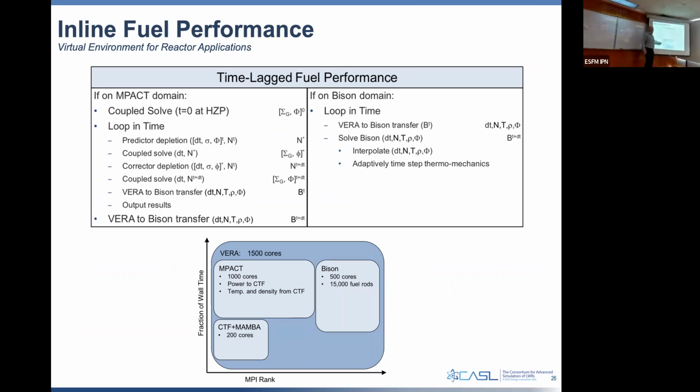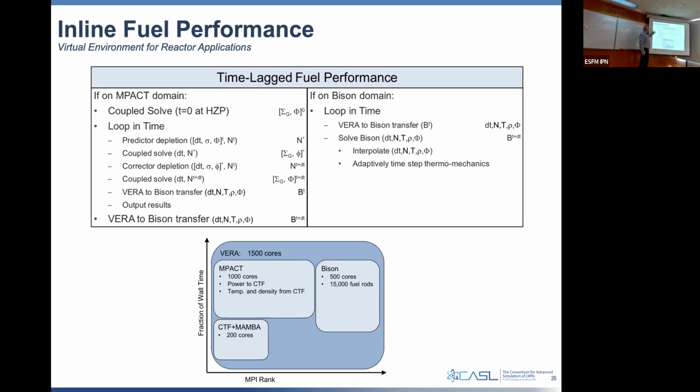Similar to Shift, we have Bison on 500 processors for 15,000 fuel rods. Our impact solves one time step. VERA passes over to Bison. The separate set of 500 processors runs all of those 15,000 fuel rods to compute the new fuel results, and it just stores and keeps them. That way, when the analyst at the end wants to know what happened with the fuel, they have the result, and it came out of a full fuel performance capability.